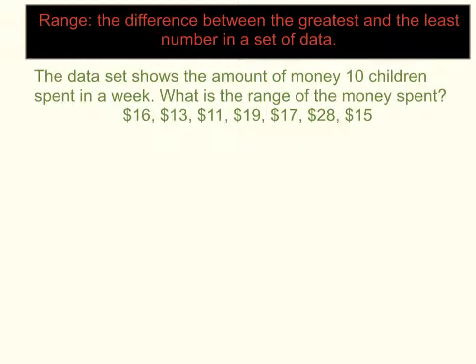So here, the largest number was 28, and then the smallest number was 11. So now we need to find the difference between the greatest and the least. So we will do 28 minus 11, which is equal to 17. So the range in the amount of money that the children spent in 1 week was $17.